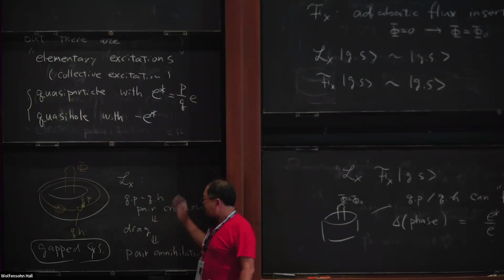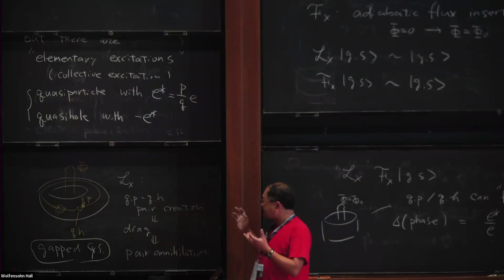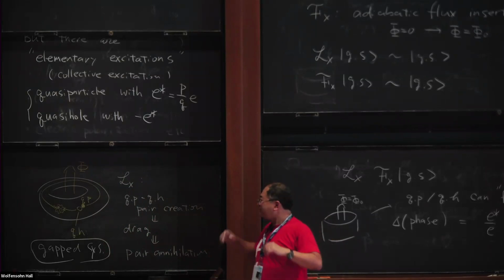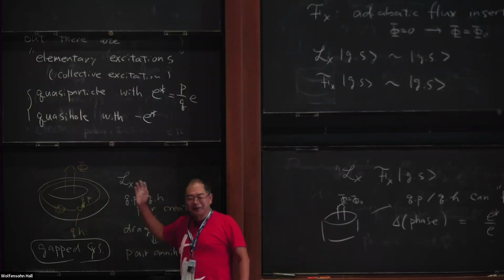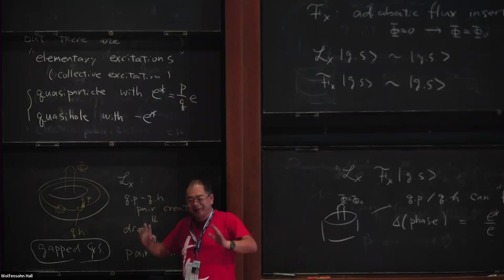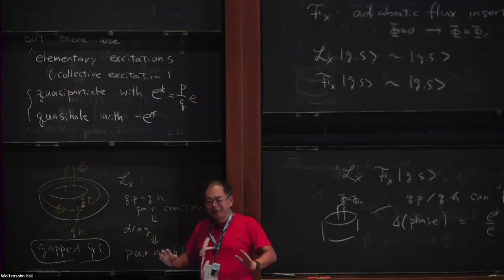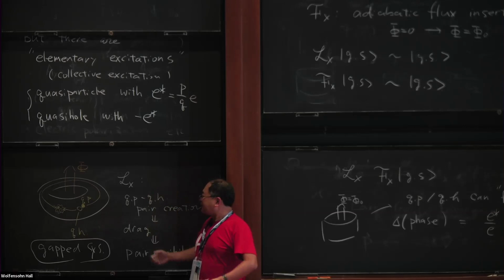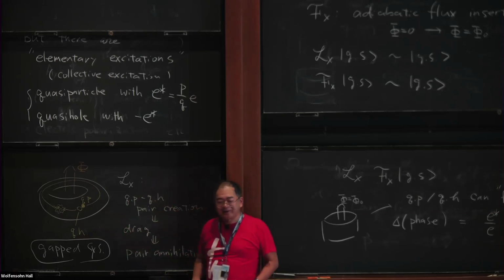There are a lot of hand wavings, but I would say that when we talk about quasi-particles and quasi-holes in physics, we are implicitly assuming many properties like this. It's mathematically very, very hard to formulate precisely. But I think we implicitly assume many assumptions like this.